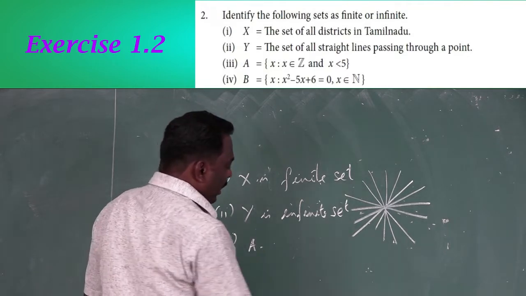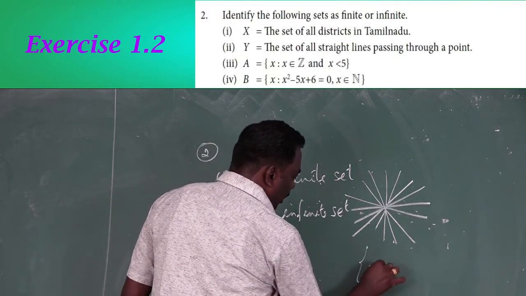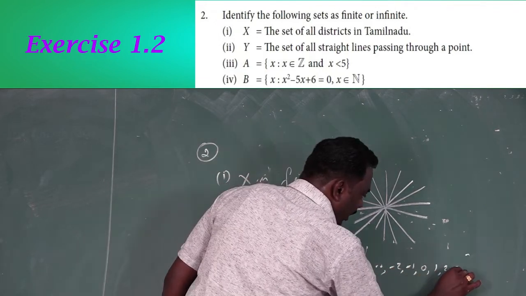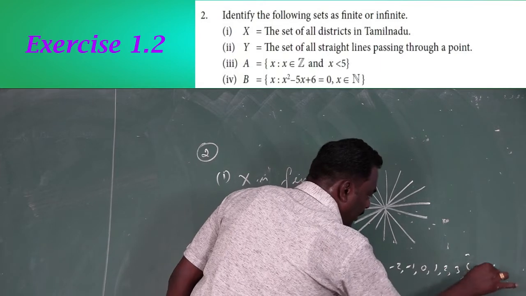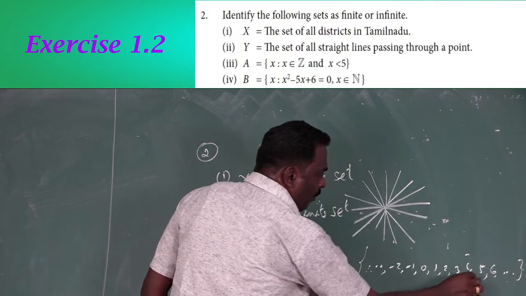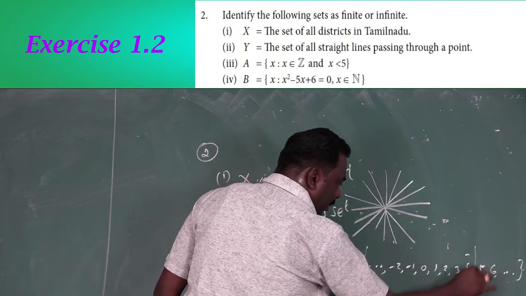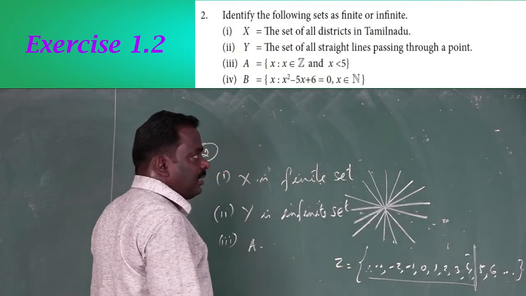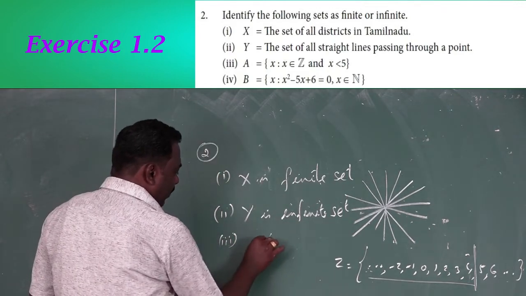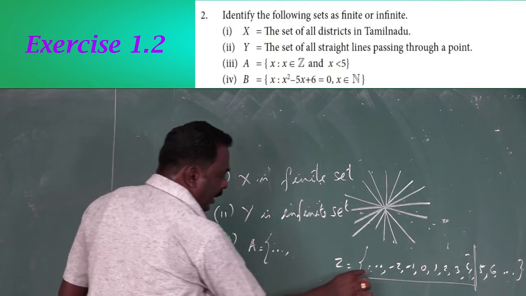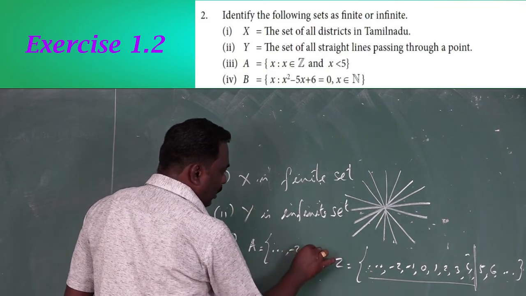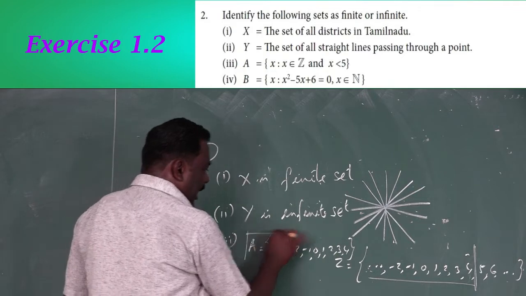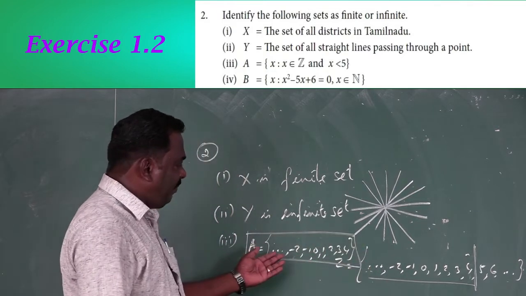We know the meaning of integers: etc., minus 2, minus 1, 0, 1, 2, 3, 4, 5, 6, etc. These are called integers. We do not include the number 5, therefore the numbers before 5 are all in the set A. Therefore A is defined by etc., minus 2, minus 1, 0, 1, 2, 3, 4. Therefore the set A contains an infinite number of elements.